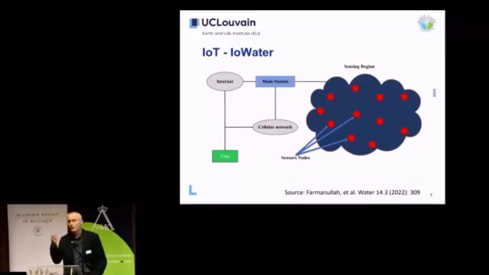Well, actually, we need to face this water data issue, and we can do it actually in three different ways. So I'm just going to show you some examples of how we can do it and on the projects that we are working on. The first thing is, of course, the Internet of Things, so the Internet of Water. So we have now smart technology that becomes available.